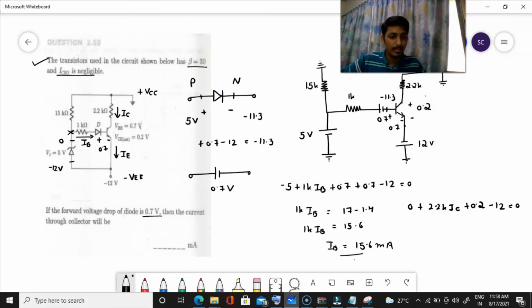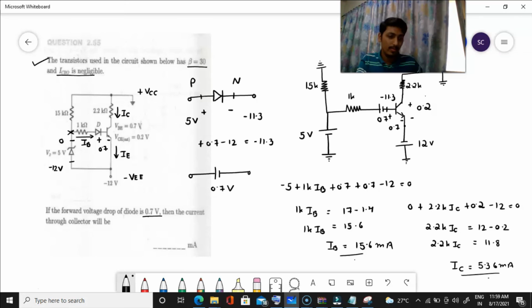So 2.2k IC equals 12 minus 0.2, which is 11.8. And IC is 11.8 divided by 2.2, which will be 5.36 milliamps, which is the collector current.